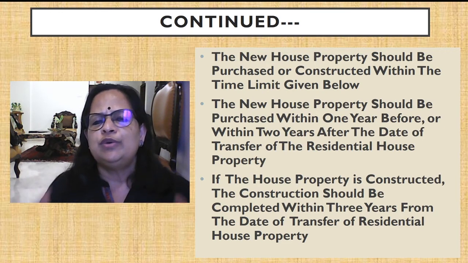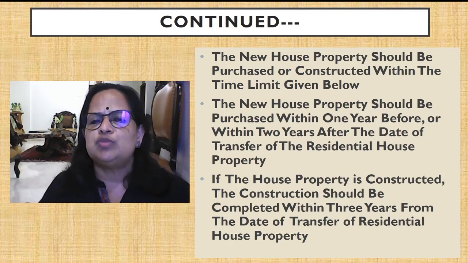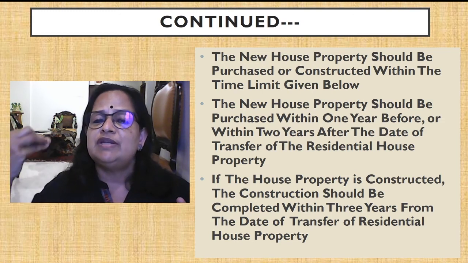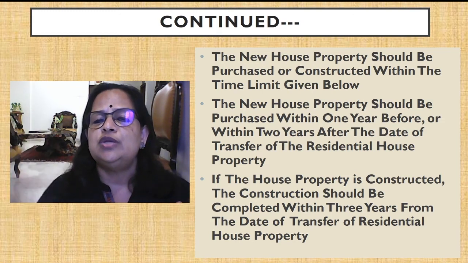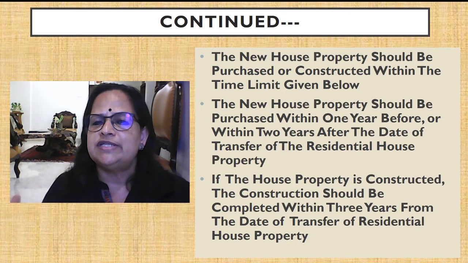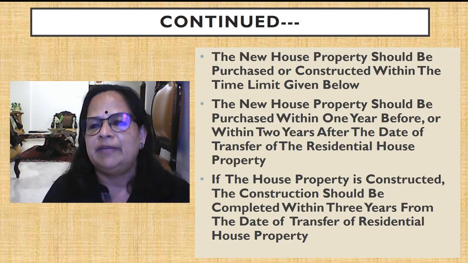So we will consider so many things. If we decide we are going to sell a house property, we will start looking. We will see the advertisements, and sometimes we will come across a good builder who is going to construct a new house property, but they may take 1 or 2 years to complete. At the time of laying the foundation stone itself, they will start collecting the money. So if we are interested, we can go and pay the money.